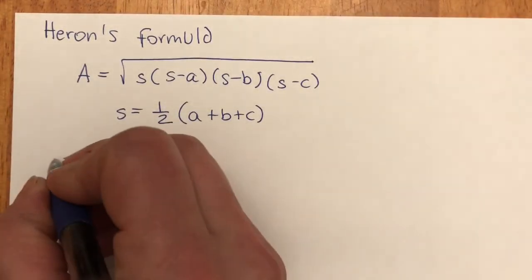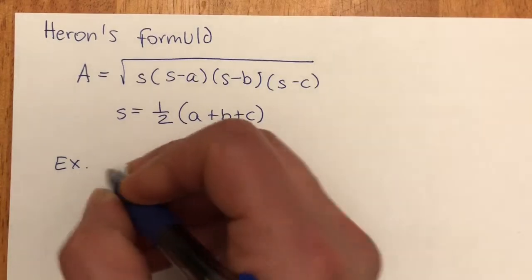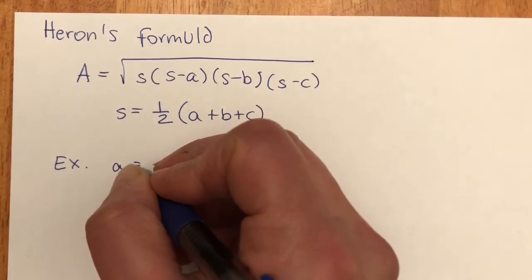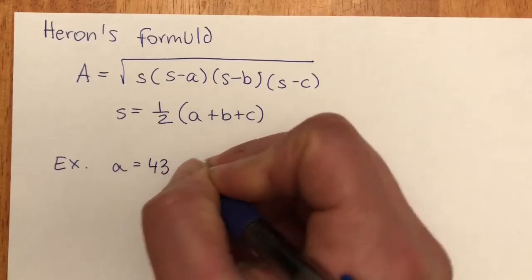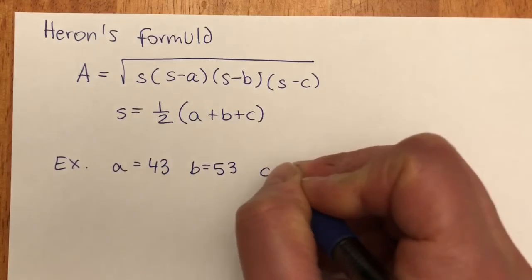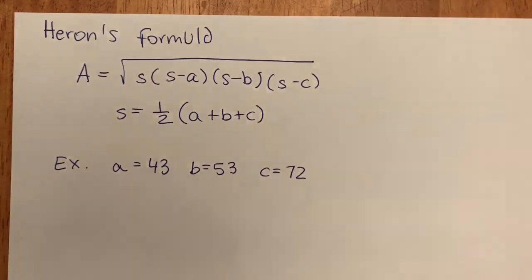So to give you an example, if you have three sides given that A is equal to 43, I'm using the example from the textbook, B is equal to 53, and C is equal to 72.